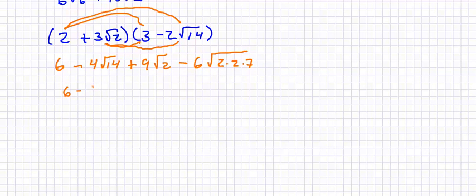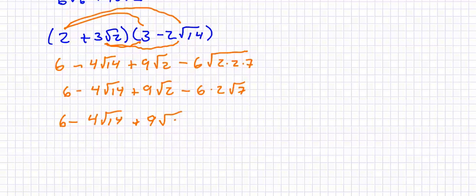Then we have 6 minus 4 square root of 14 plus 9 square root of 2 minus square root of 2 times 2 is 2. 6 times 2 square root of 7, or 6 minus 4 square root of 14 plus 9 square root of 2 minus 12 square root of 7. And we have no like terms, none whatsoever.